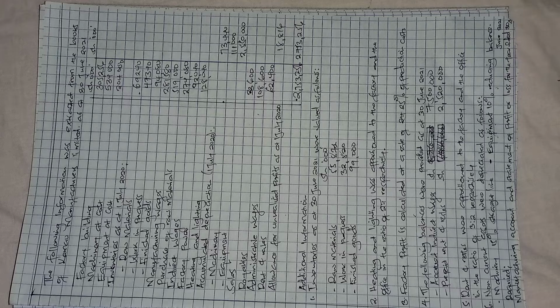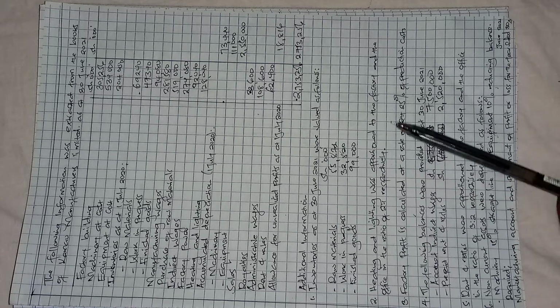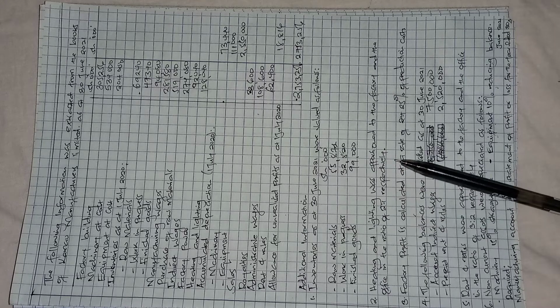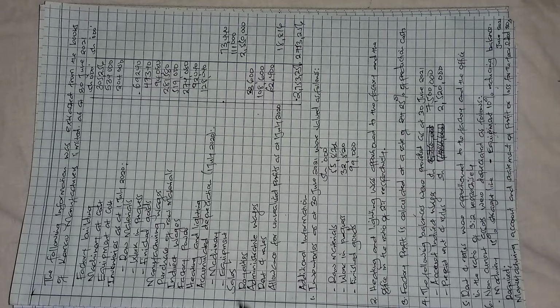When you look at additional information number 1, those are just closing balances. I'll show you where we'll use them. Then we go to heating and lighting, which was apportioned to the factory and the office in the ratio of 2:1 respectively. So you go back to the trial balance. We have heating and lighting, and the amount is 128,040.